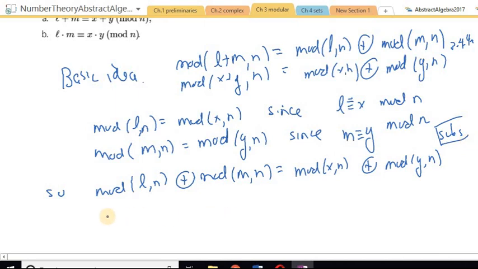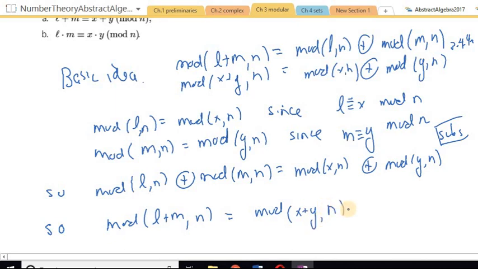Okay. All right, so that's telling me that mod of L plus M, n, equals mod of x plus y, n. And that's also substitution, right? Because this is equal to mod L plus M n, and this is also equal to mod x plus y n.